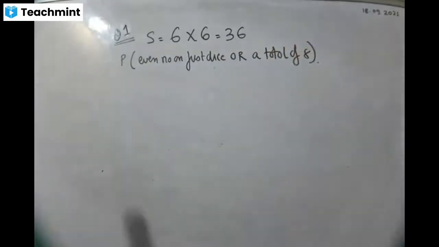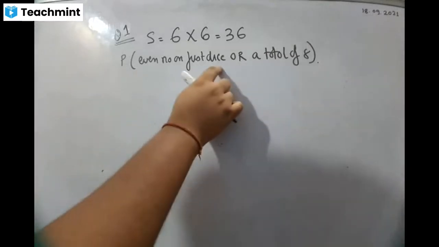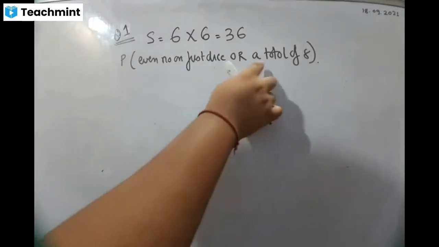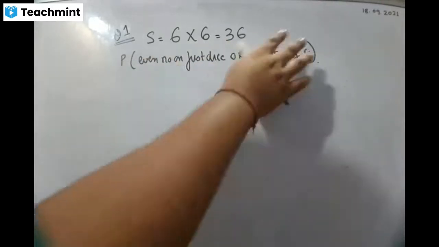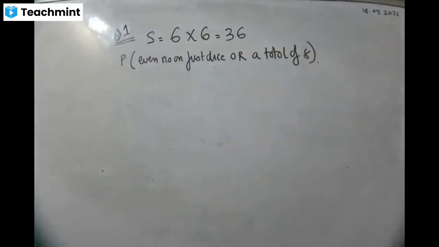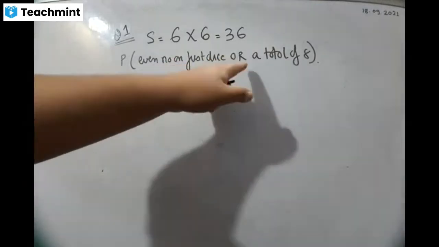In class 10, you only have to find the probability of individual events. Here it is combined. Even number on the first die is one event, and a total of 8 is another event, and 'or' means union. So I have to find the probability of A union B.